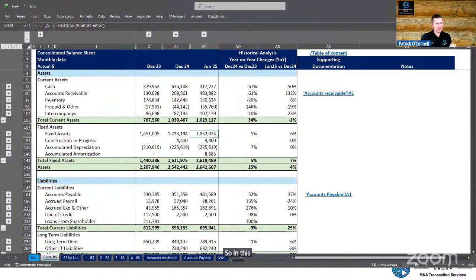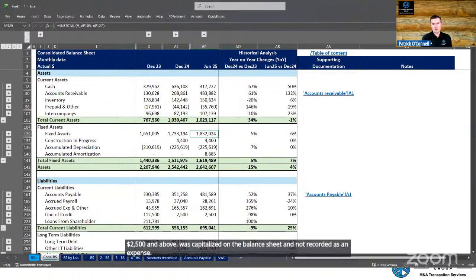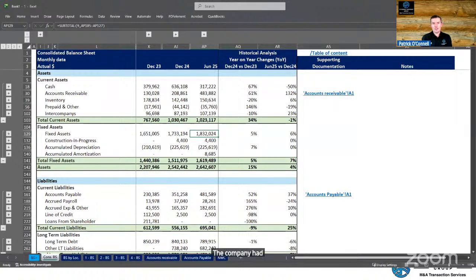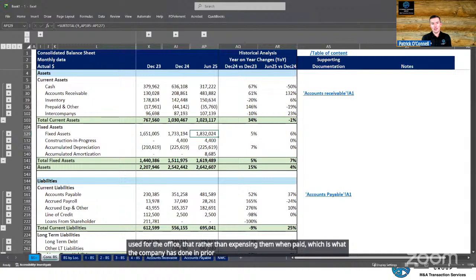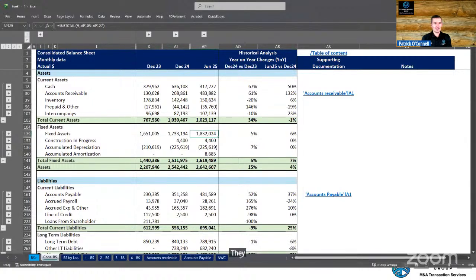So in this instance, the company's capitalization policy was changed to anything $2,500 and above was capitalized on the balance sheet and not recorded as an expense. The company had about $50,000 worth of computer and other equipment used for the office that rather than expensing them when paid, which is what the company has done in prior periods, they elected to record these as fixed assets.